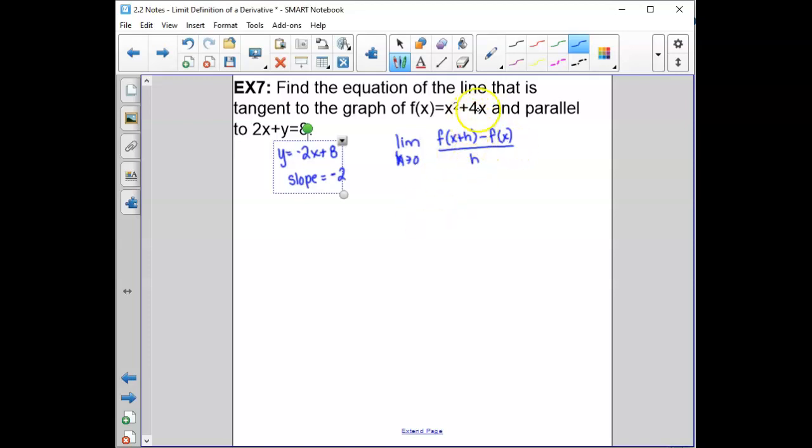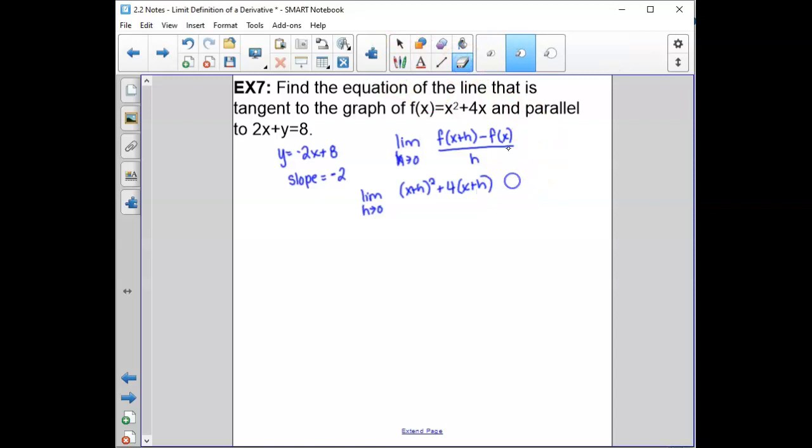And so to do that here, I've got to do the limit as h approaches 0 of x plus h squared plus 4 times x plus h, minus our f of x right here, which is x squared plus 4x, and all of that is over h.